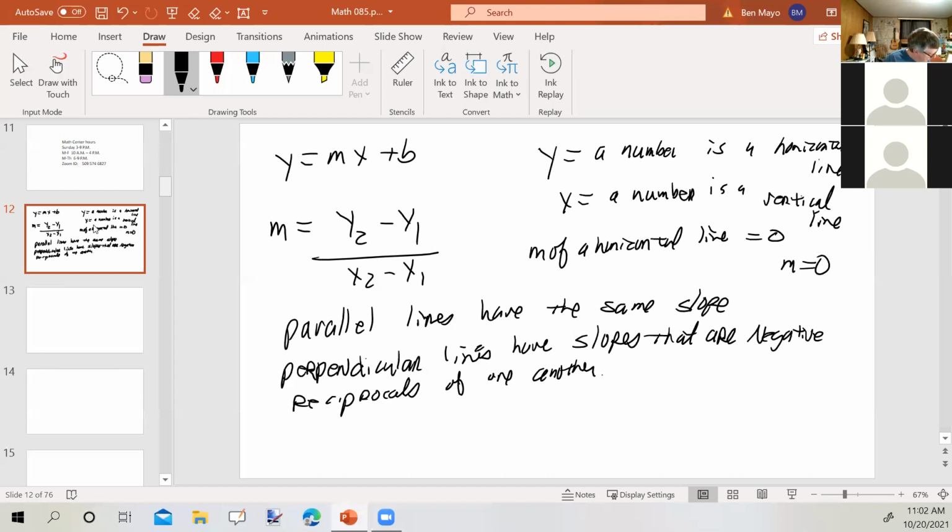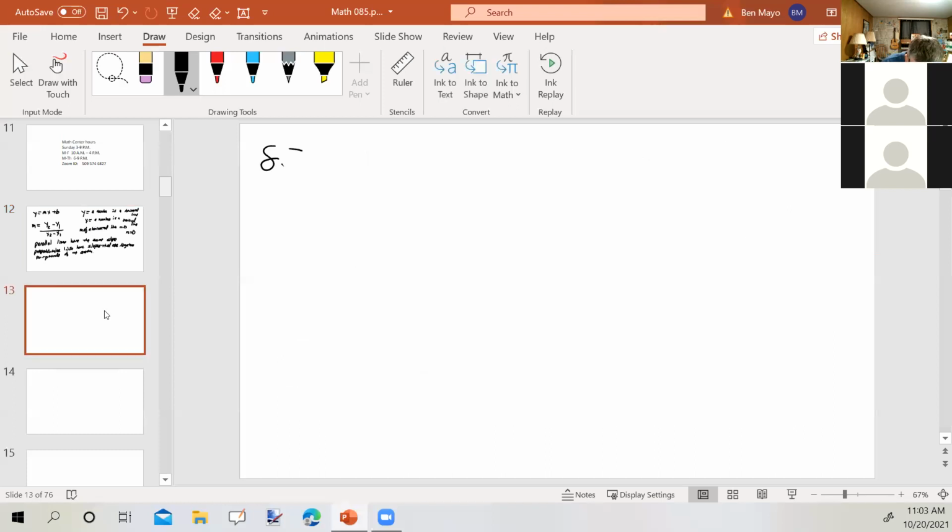Okay. Well, then let's go on to section, let's see, what was next? 8.3. In 8.3 was basically identifying points on the graph using function notation.